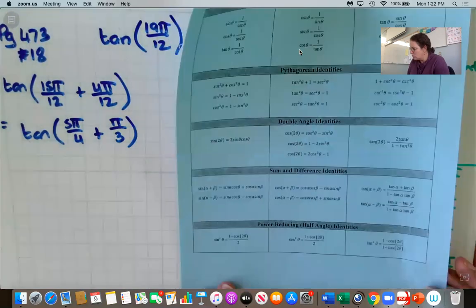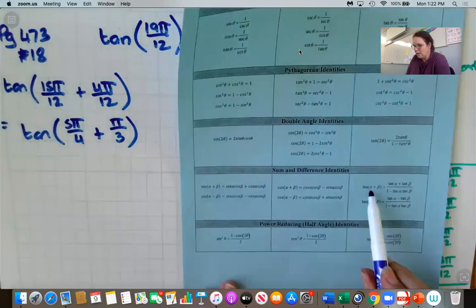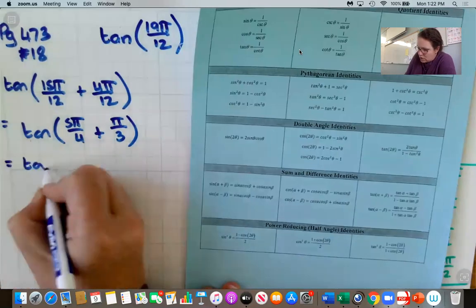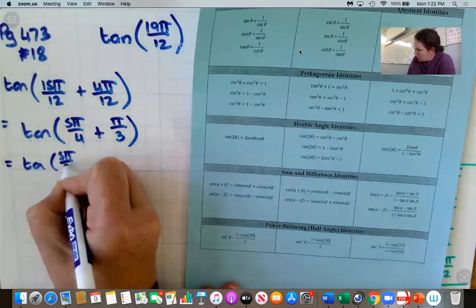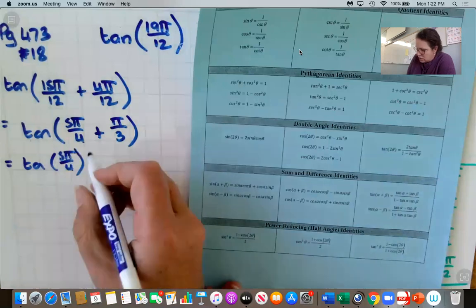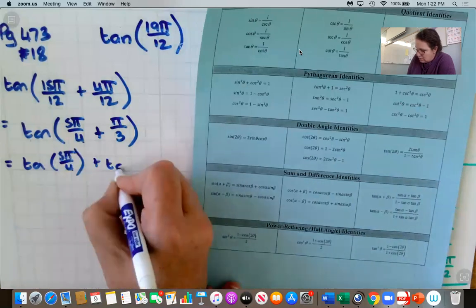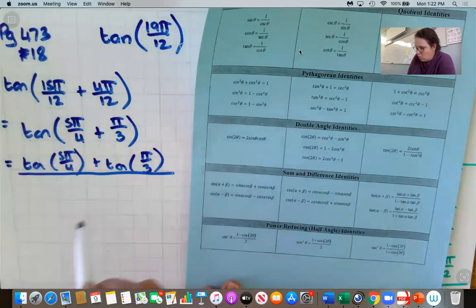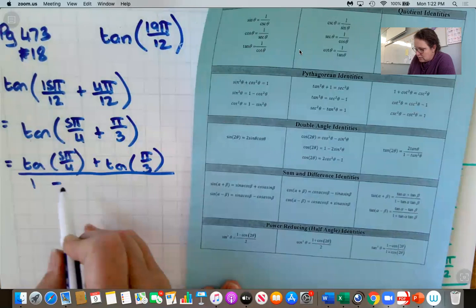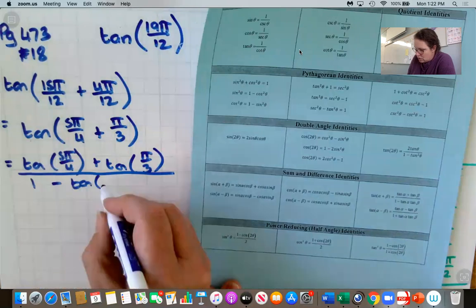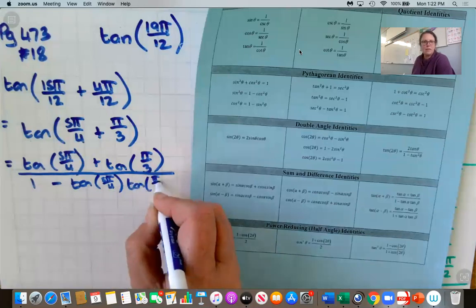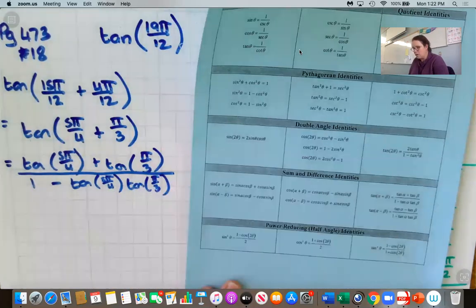I'm going to use the one with the tangent where I'm adding. So I'm going to get tangent of my first angle plus tangent of my second, divided by 1 minus tangent of the first times tangent of the second. I'm just rewriting that formula, and now I'm going to try and use the formula.